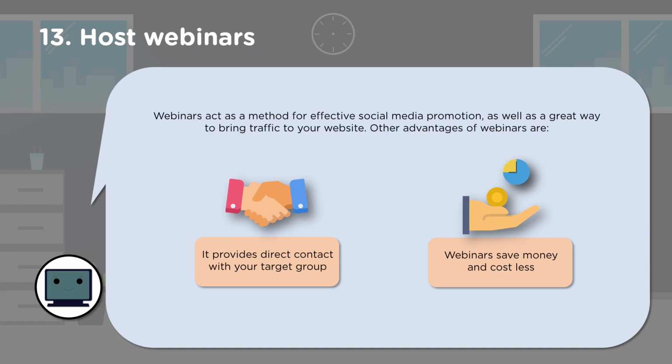So if you have a Facebook community, you could do a Facebook Live event, or you could do a YouTube, or you can even set up a webinar on another platform but promote it on social media. And if you're promoting something on social media, you're probably promoting it to people who are already following you or like you. And so that's what we mean by direct contact with your target group. So you're going to be able to create a webinar and talk directly to that group.